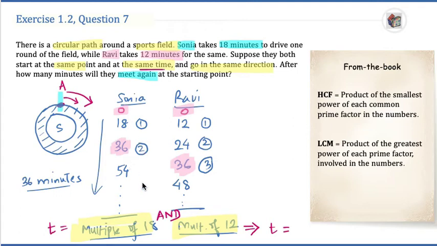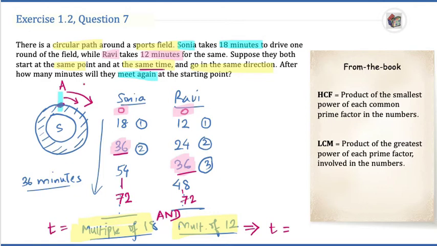Now the common multiples of 18 and 12 will be infinite. 36, as you saw here in this list, is only the first common multiple that they have, the least common multiple. After that, if you write down the list further, you will notice that 72 is also a common multiple. It will be there in both of these lists. So the possible time can be a lot of possible values.